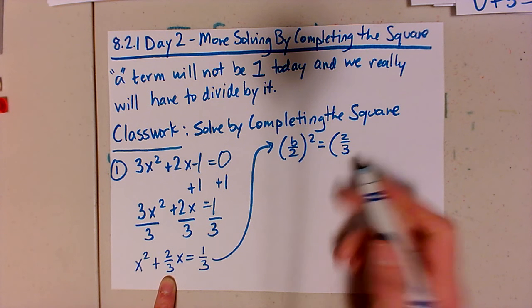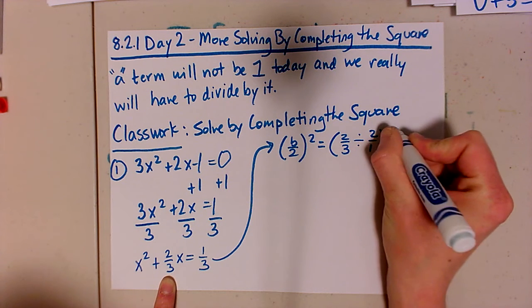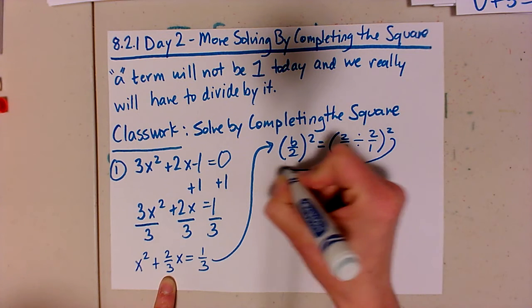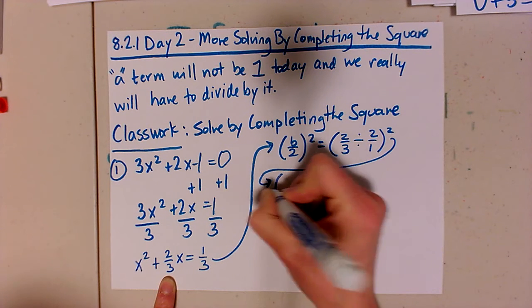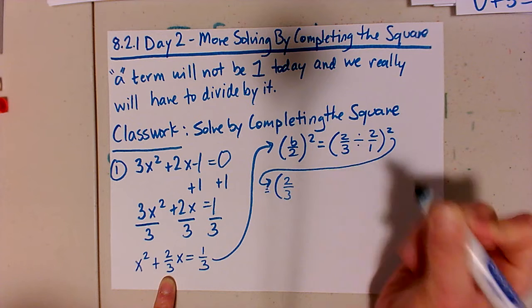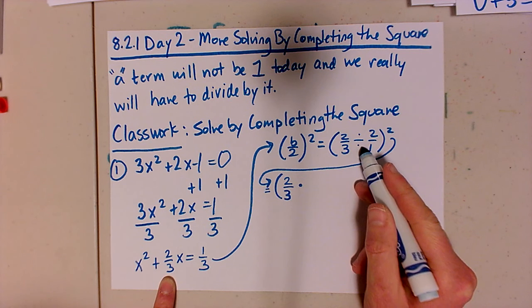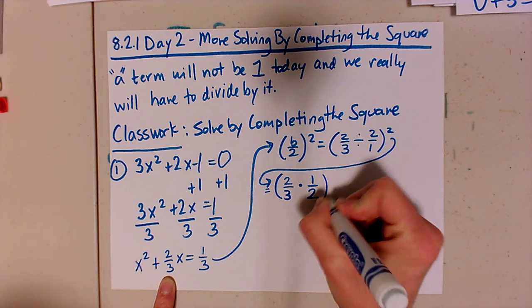So you would be doing 2/3 divided by 2 over 1, the whole thing squared, which is the same thing as 2/3 times, if we multiply by the reciprocal, 1 over 2, the whole thing squared.